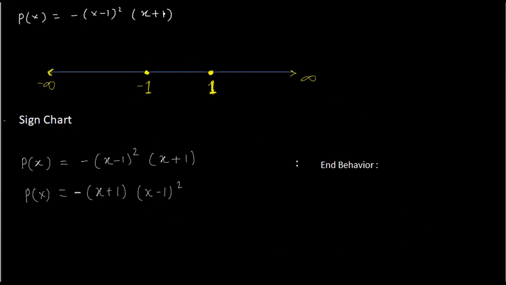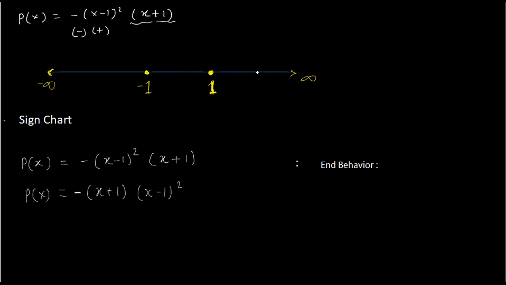Now, in order to put the sign chart, since we know zeros are -1 and 1, trace a number line and mark -1 and 1. Since x minus 1 whole square is always positive, only this negative sign and the sign of this term decide whether our polynomial is positive or negative in an interval.